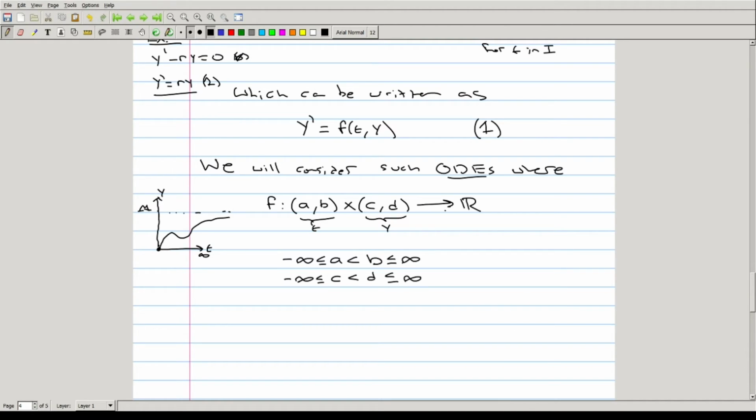And we're also going to assume that at a minimum, f is a continuous multivariable function. Specifically, it's a function of two variables, t and y.